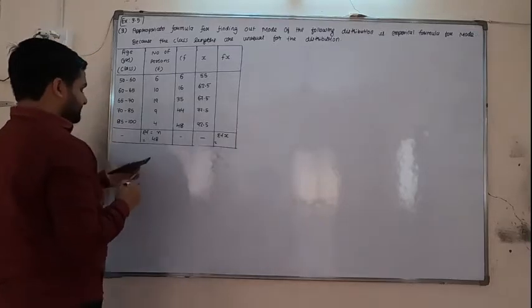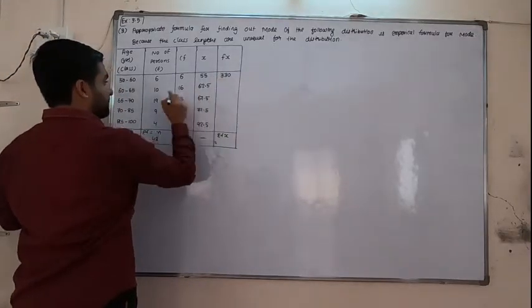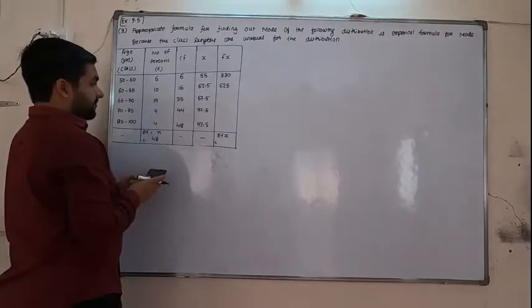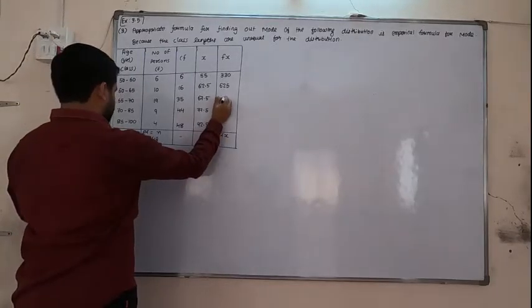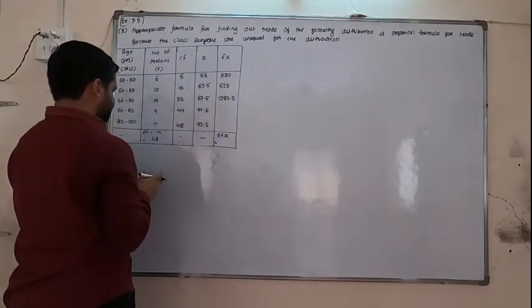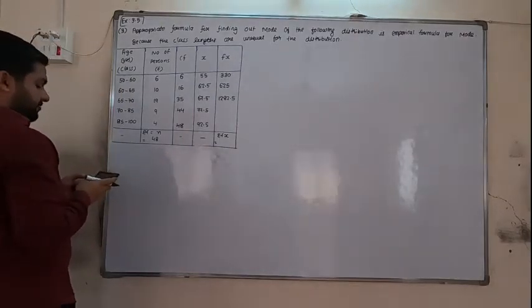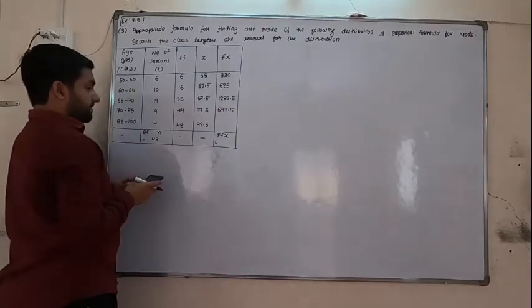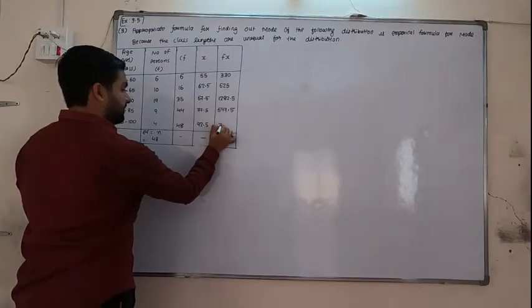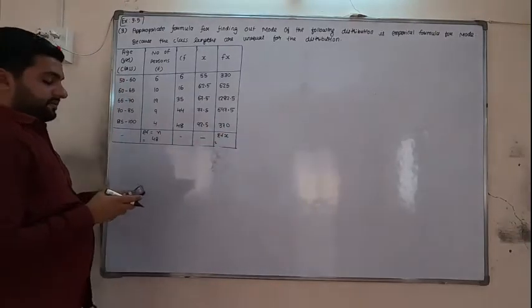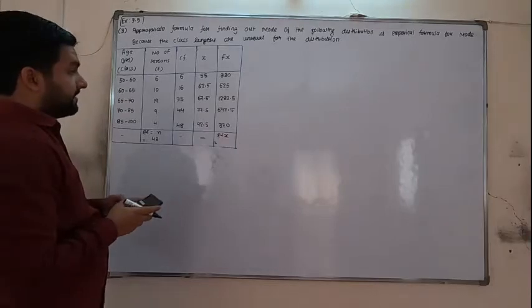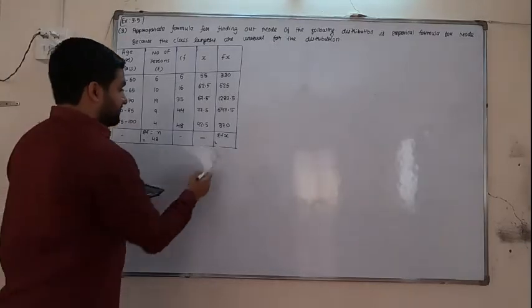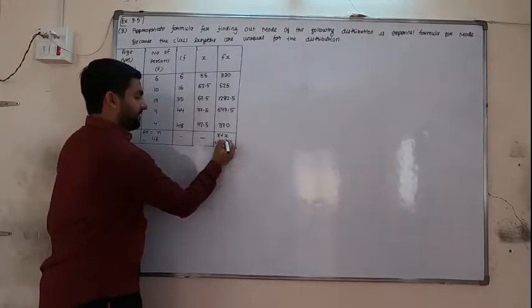Now Fx, multiplying X and F. 55 into 6 is 330. 62.5 into 10 is 625. 67.5 into 19 is 1282.5. 77.5 into 9 is 697.5. 92.5 into 4 is 370. Adding 330, 625, 1282.5, 697.5 and 370, the total is 3305.